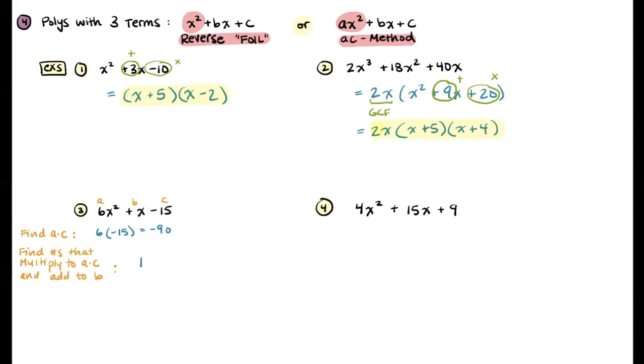Then what you want to do with those numbers is split up your B term, or that middle term, the 1x, into 2 terms using the numbers that you found. We'll call this splitting the bx term using these numbers.